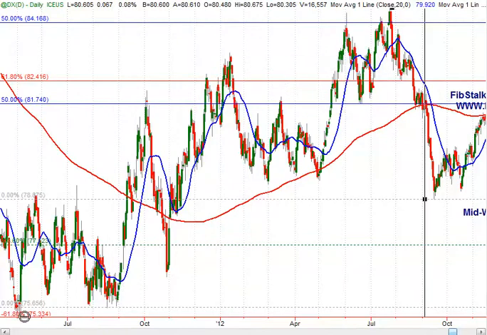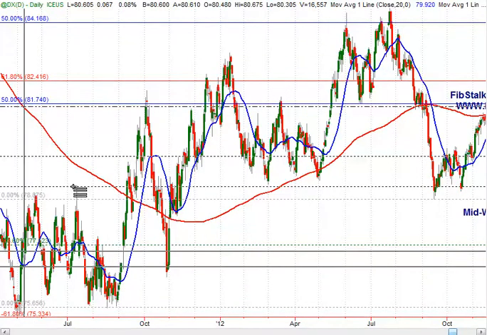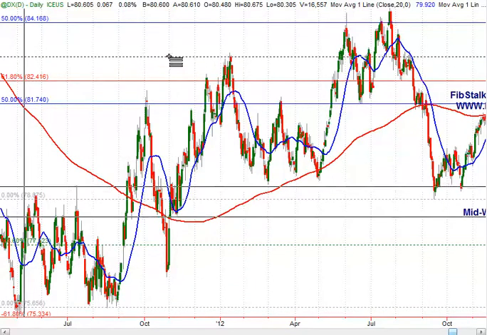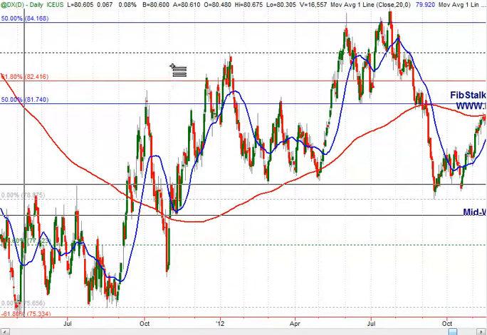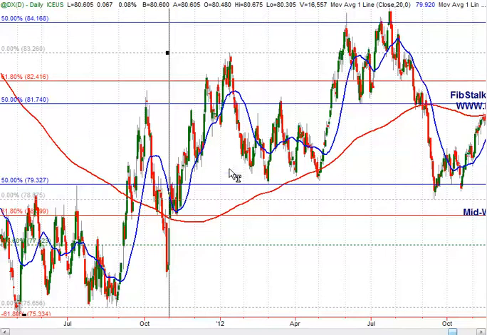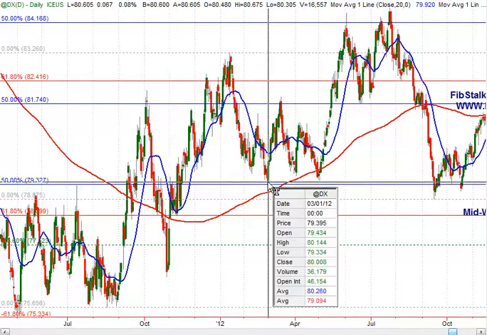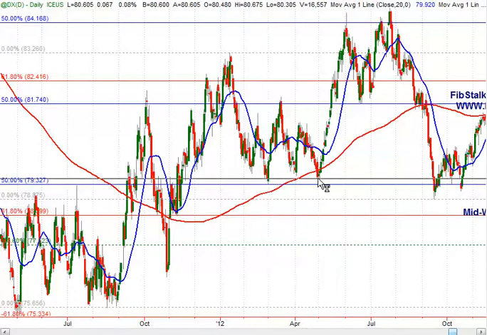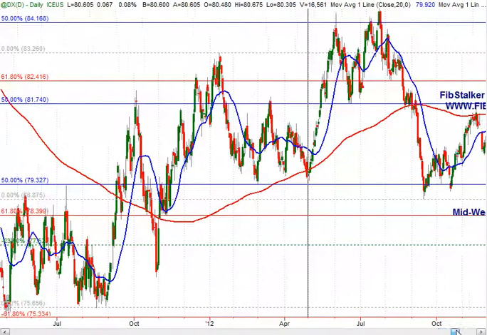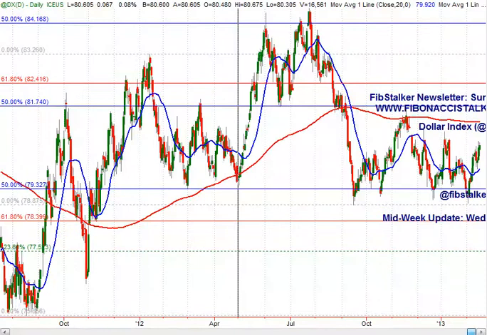In fact, if we trace a move from the lows in April 2011 to these highs, we can see that this level, the 79.30 area, acted as a support at the beginning of March 2012, and again in May 2012. It never hit targets.